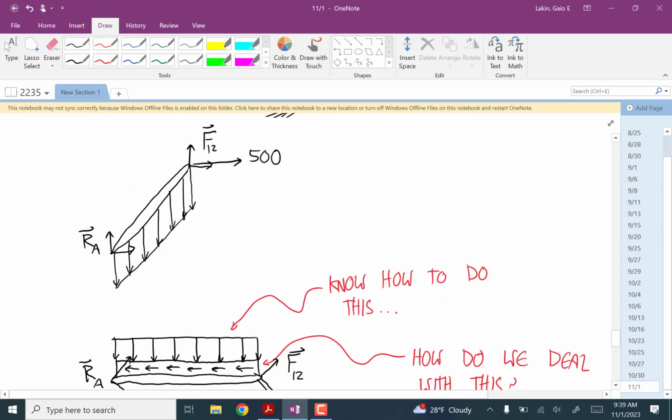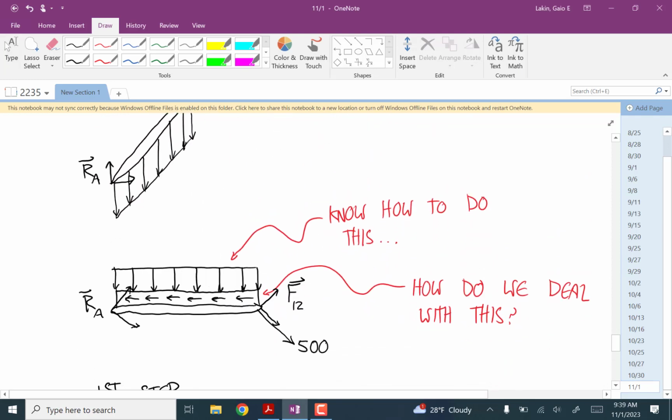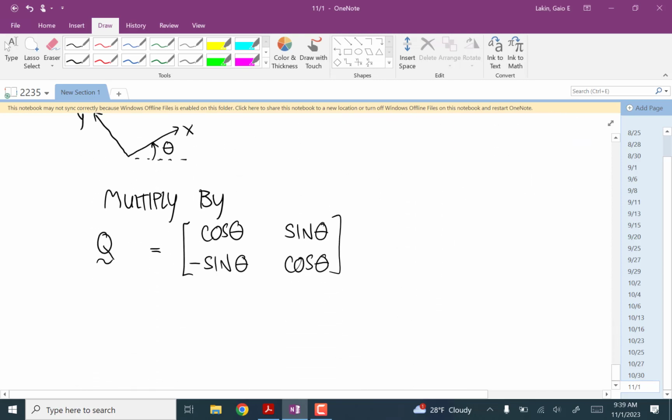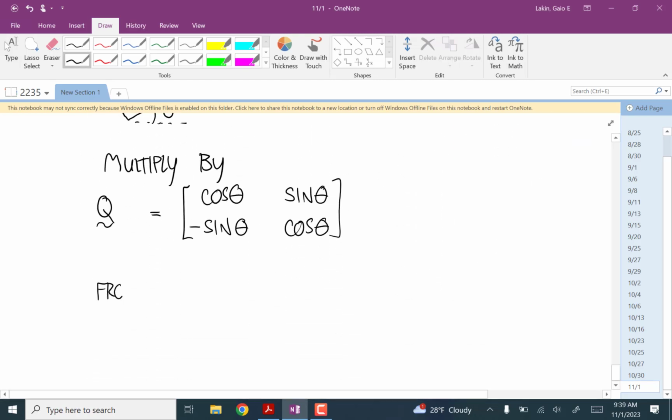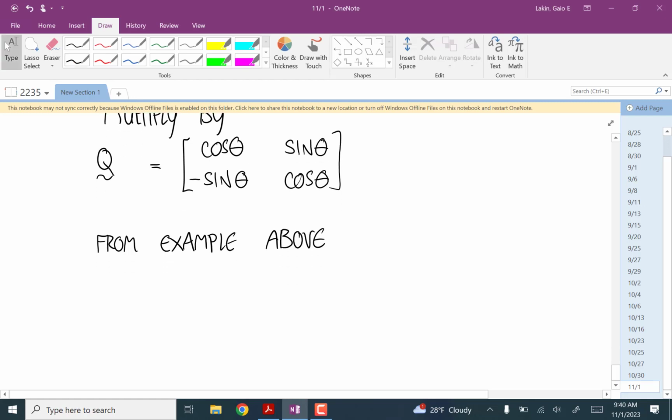So if we want to go from, okay, so from the example above, we want to go from a coordinate system that's oriented like this, where this angle is 30 degrees, to a coordinate system like this.